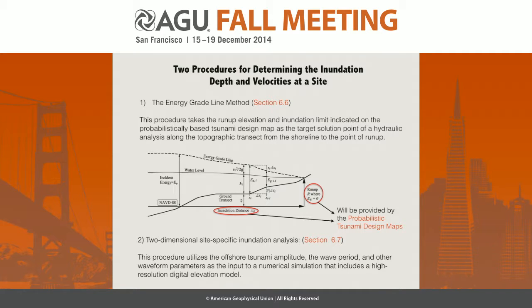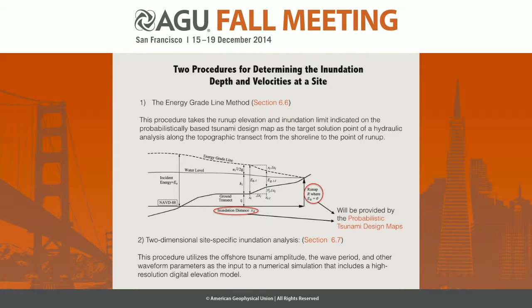This method will take a topographic transect from the shoreline to the point of run-up, and then use the run-up height and also the inundation depths, inundation distance as the target solution, and use an iterative process of energy method until they get a match of the run-up and inundation distance. So these 2 quantities will be provided by the probabilistic tsunami design maps that I'm going to talk about today.